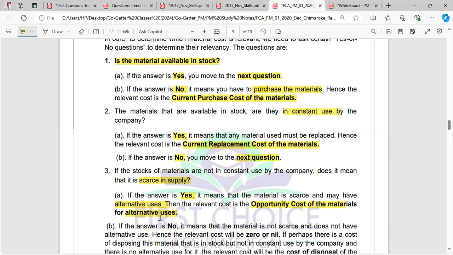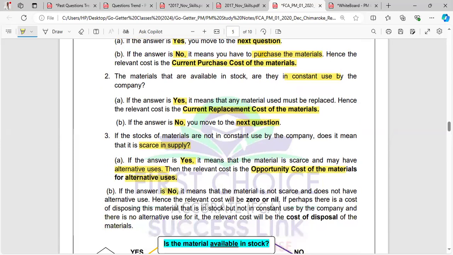Now, if you answer no, it means that the material is not scarce. And if the material is not scarce, it's in abundance everywhere. That means the relevant cost will be zero, because it's available in the store, it is not being used constantly, and it is available everywhere. The relevant cost is zero.